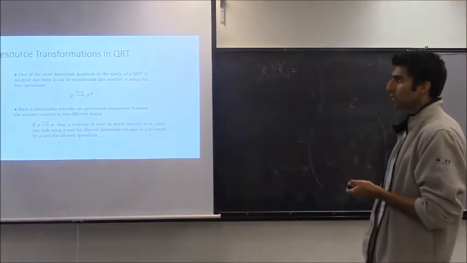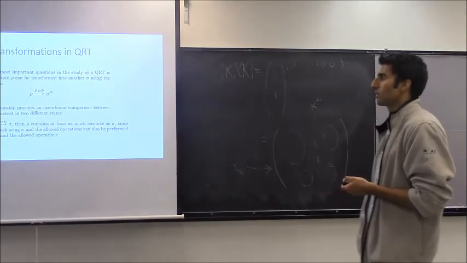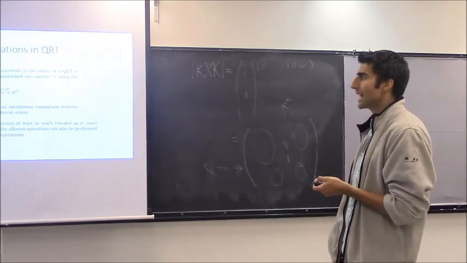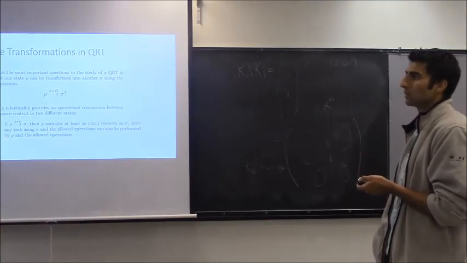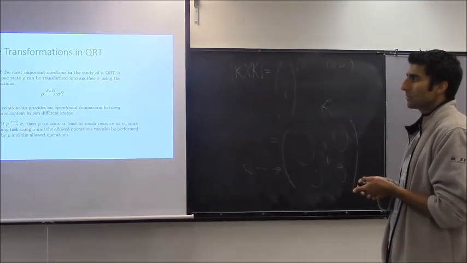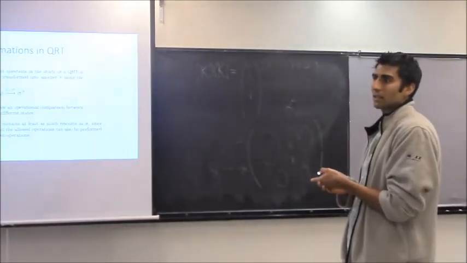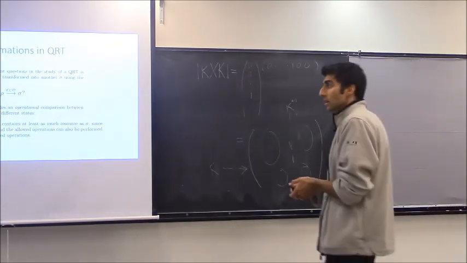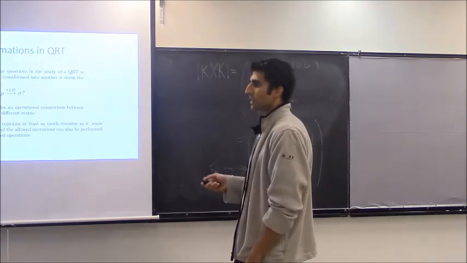If I'm able to go from rho to sigma for free, then rho contains at least as much resource as sigma. The reason we're justified in concluding this is because any task I can do with sigma and the allowed operations, I can also do with rho. I start off with rho, transform to sigma, and then do the task. So rho is a more resourceful state in a very operational sense. Whatever I do with sigma, I can simulate with rho.